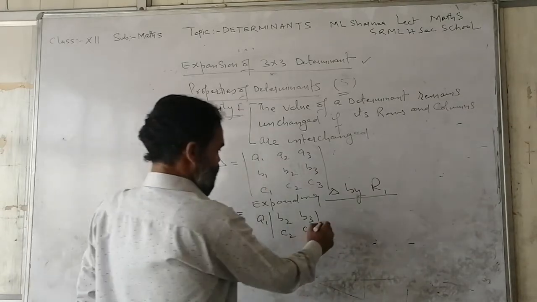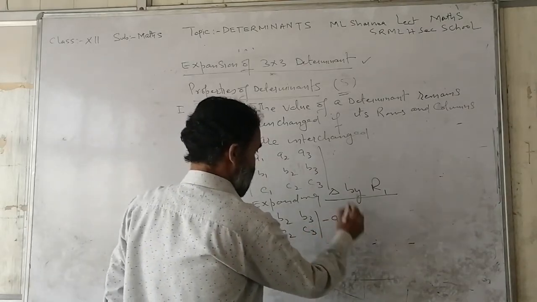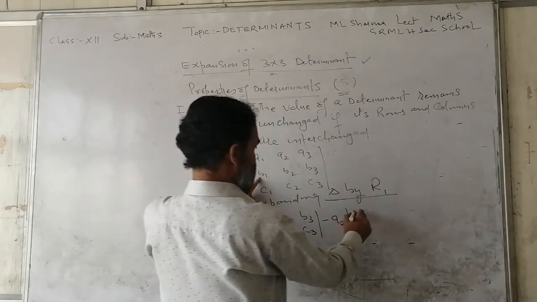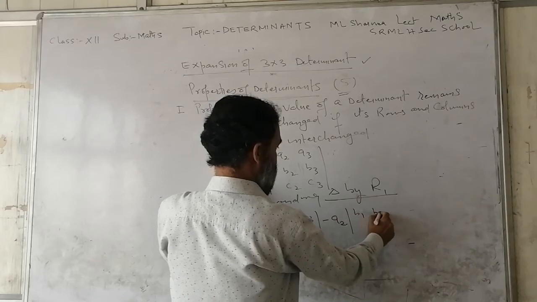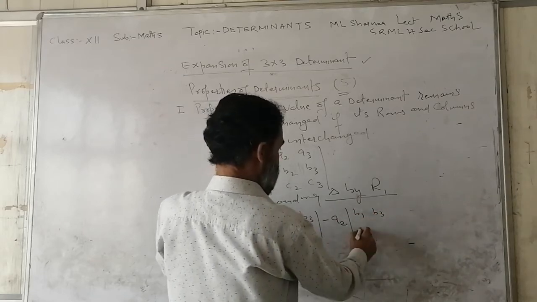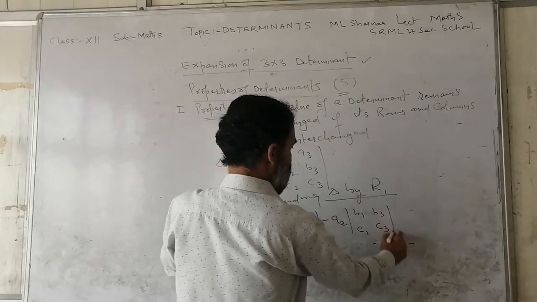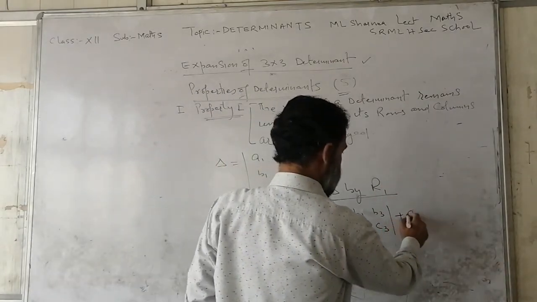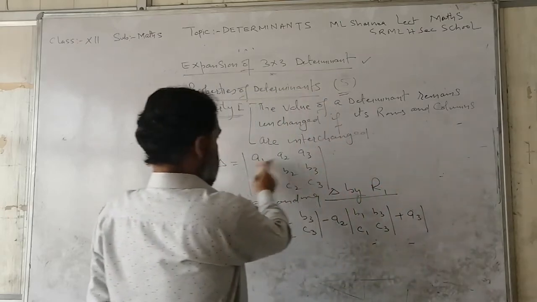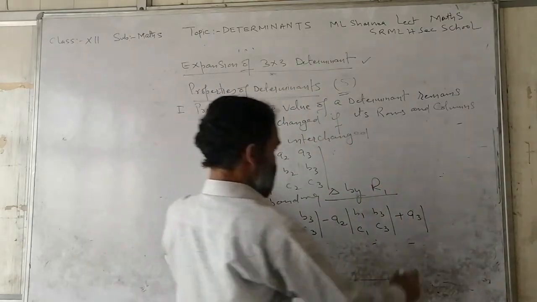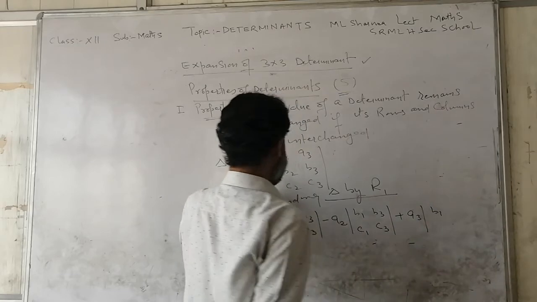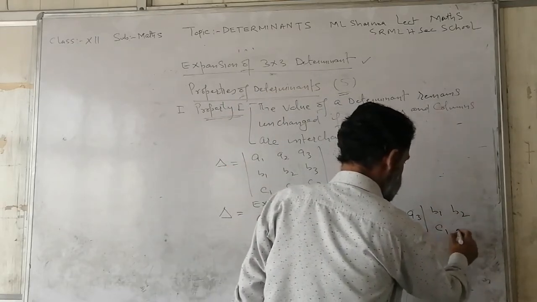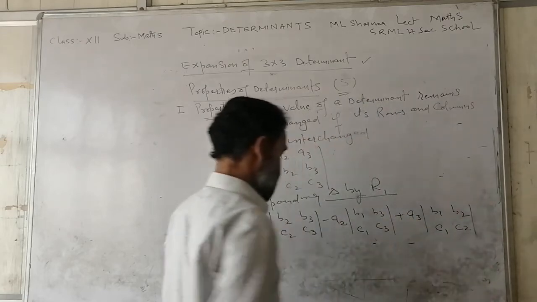Then minus sign, I take this row, this column is to be deleted, so B1, B3, C1, C3 are to be written. Then for this element, this row, this column to be deleted, B1, B2 and C1, C2 will be written in this way.